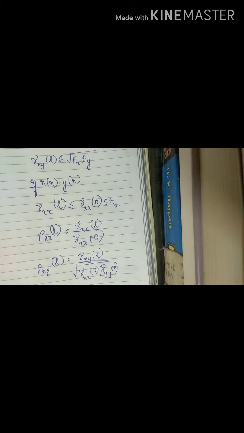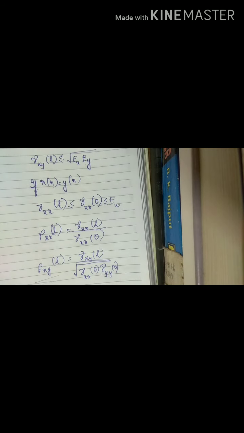This is known as the cross correlation coefficient. Its value lies between -1 to +1, and a value 0 for cross correlation means that there is no correlation between the two. Now we will solve a sum on this.